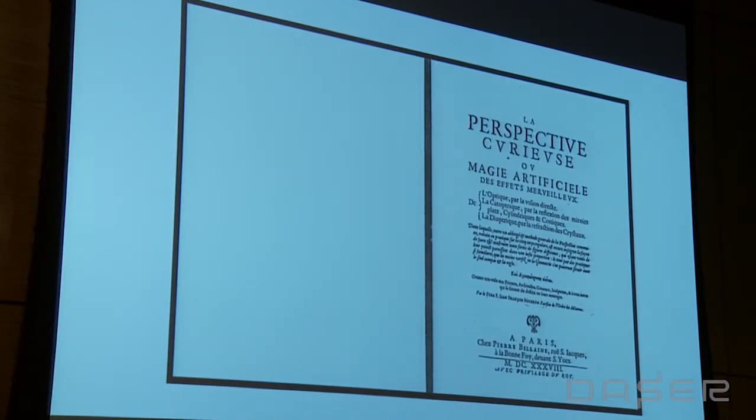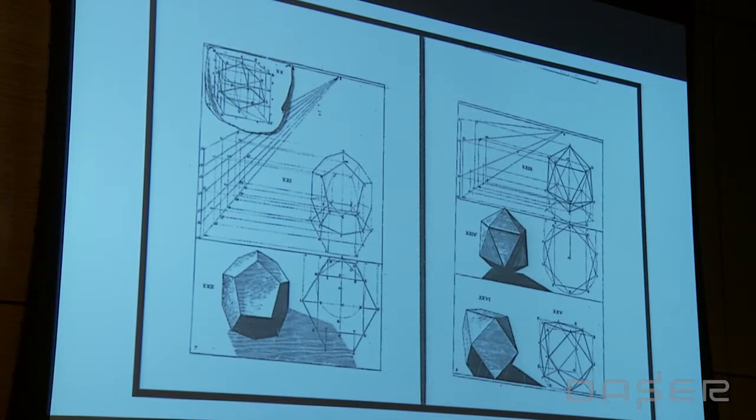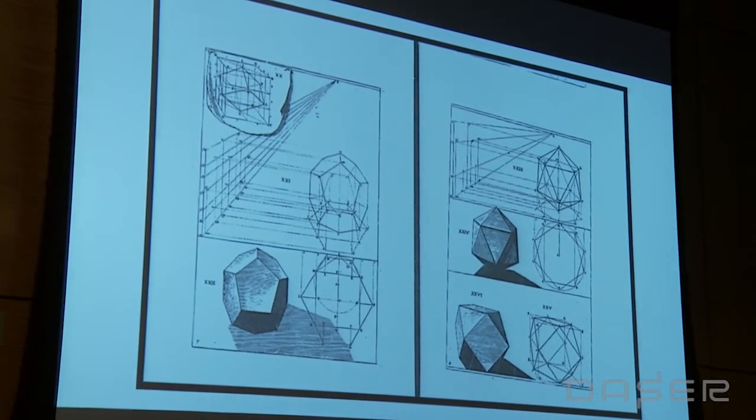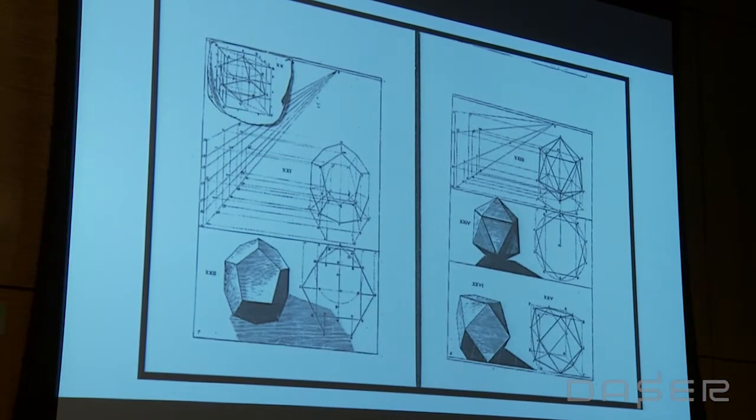And in it are these kinds of models. And you can see the very quick connection that somebody like Duchamp would find of interest because of his knowledge of mathematics and geometry.